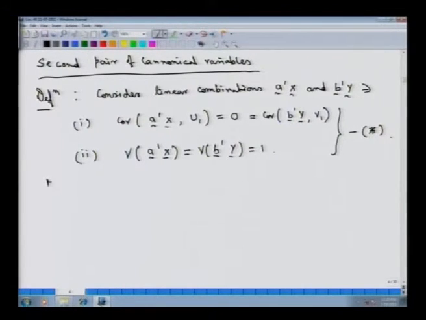Then maximize the correlation between A' x and B' y such that this star is satisfied.